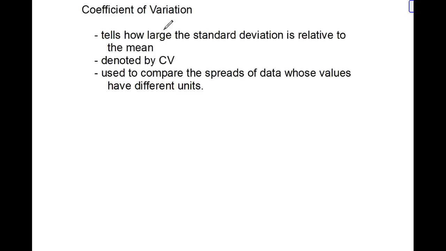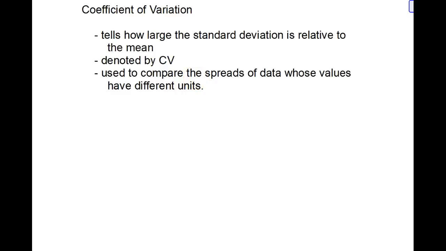Once we do this, we can compare the spreads of data even if their units are different. So I can compare temperature to length of days, or money to scores, or anything of that nature. We denote coefficient of variation by CV.